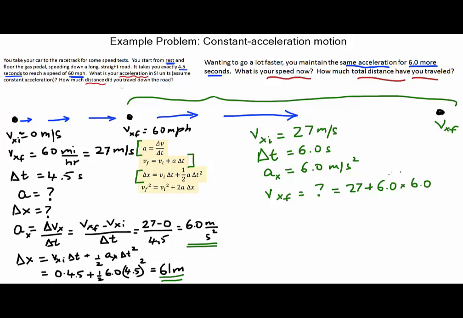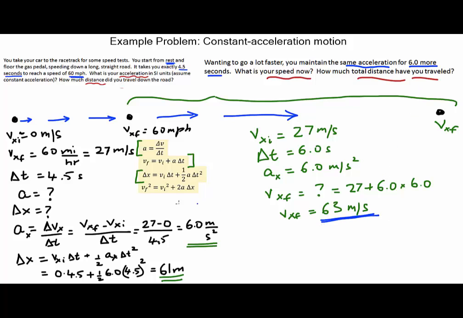One of the seconds would cancel, and the answer for this part would also be meters per second, which will add up to the 27 to give me a Vxf of 63 meters per second. And just for your information, you could convert this backwards to miles per hour, and that'll turn out to be about 141 miles per hour, which makes sense. If I've got my gas pedal floored for that long, I would reach those kinds of speeds.